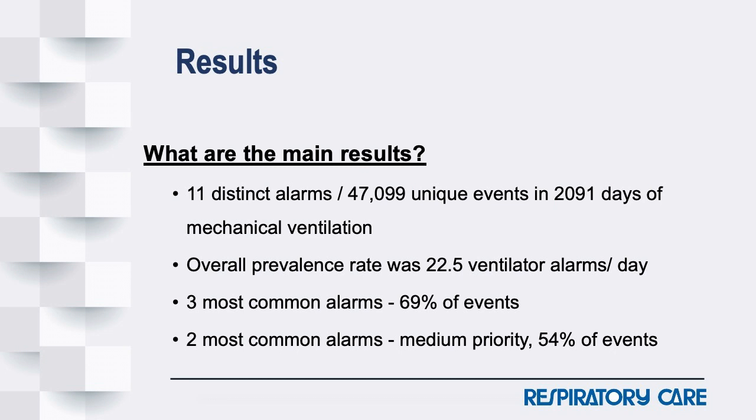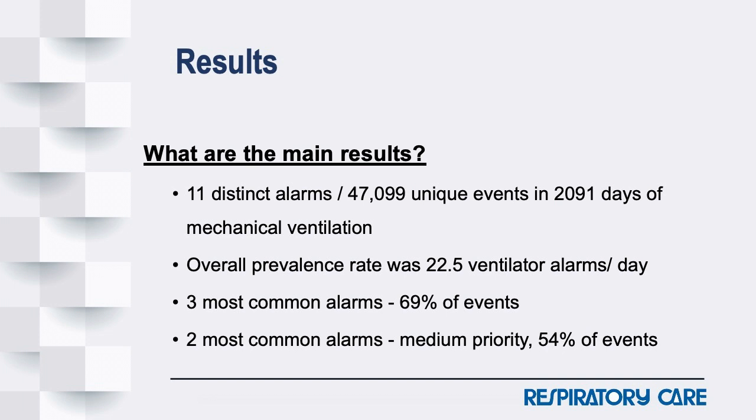And the interesting thing is, if you take the three most common alarms, they are 69% of the alarms. And we'll get a peek at what those are in just a minute. And if you take two of the most common alarms, they were medium priority alarms, and they were over half of the events, which is maybe kind of concerning because over half of the time it's only a medium priority alarm that's alarming.